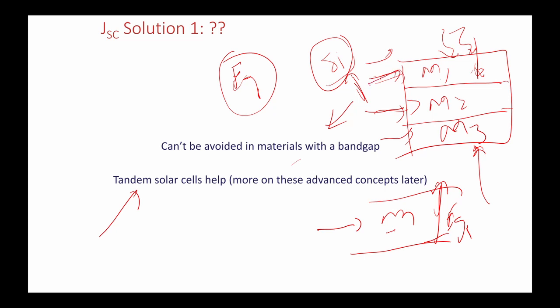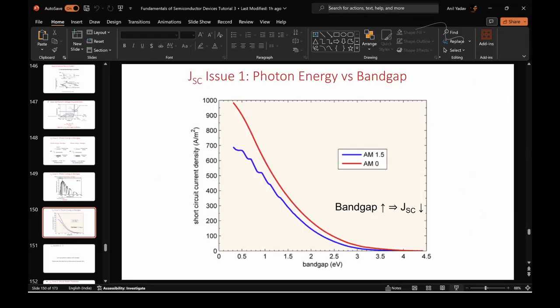If we do the opposite, most of the light will be absorbed by M3, which has the lowest band gap. Whatever light has energy greater than Eg3 will be absorbed by M3.